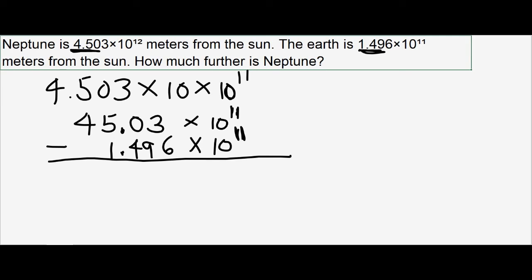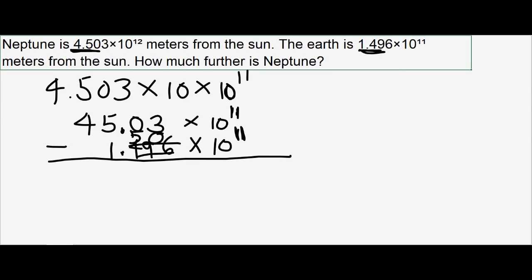So as I do this, I'm going to think about that 1.496. I'm going to round it off to the same place as the 3. So I'm going to call that 1.50. I go up to 1.50 because the 6 is greater than 5. I add 1 to the 9 and it carries over to the 5.